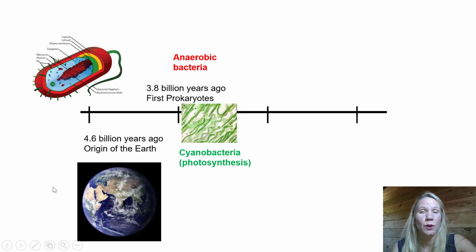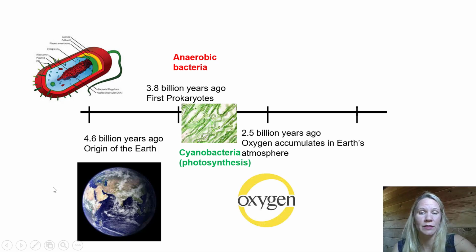So this process, now beginning to develop in huge populations of bacteria, allowed for oxygen to begin accumulating in the atmosphere. And we recognize that timeline at about 2.5 billion years ago.